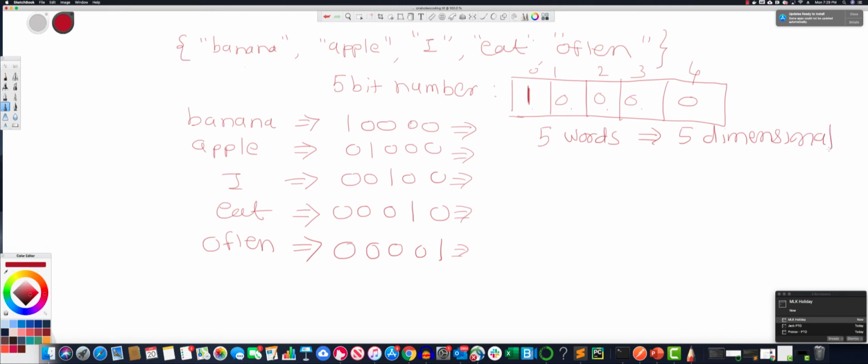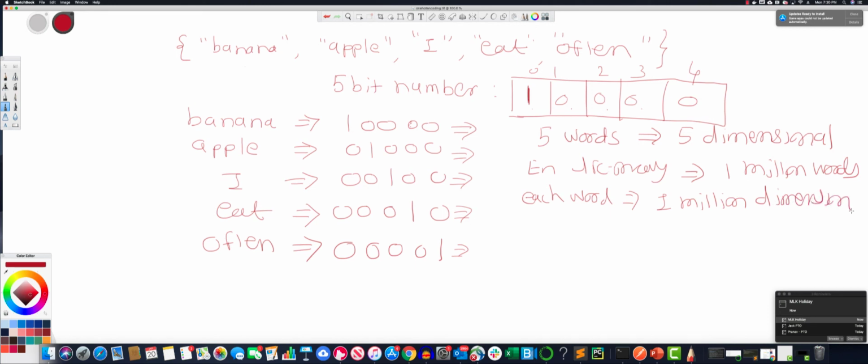So this is a very simplistic example. Let's say now the English dictionary has over 1 million words. So if you want to represent all the words in the English dictionary, each word would need a vector with 1 million dimensions, right?